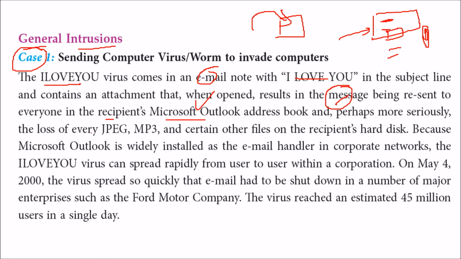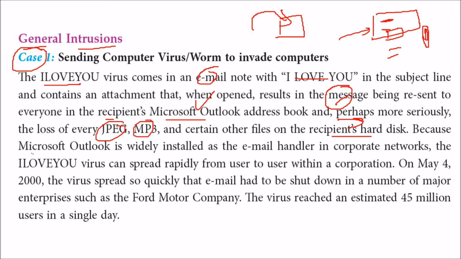And apart from this, there is loss of every JPEG, MP3, that is media, and image files and various other files on the recipient's hard disk. So the recipient is unaware. Just because some computer virus has attacked you, if you open the email, other people are subjected to this virus.